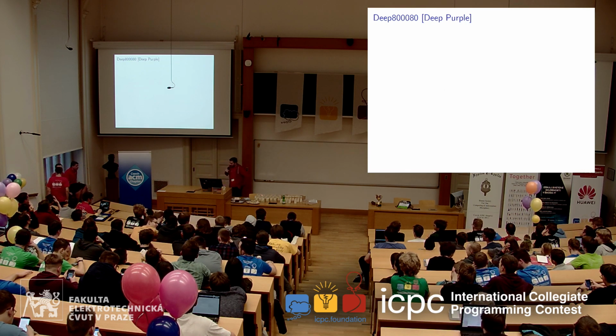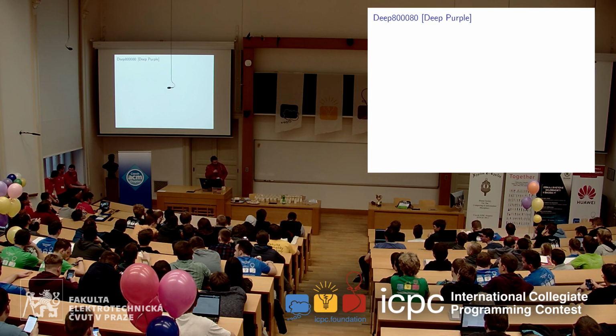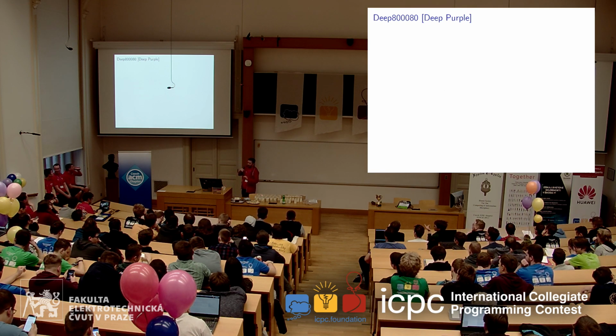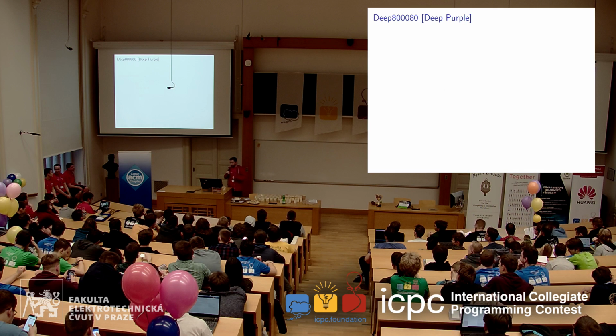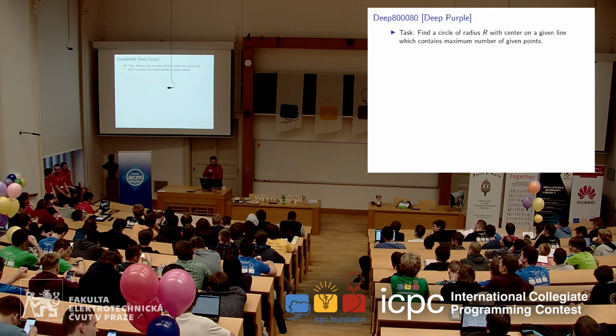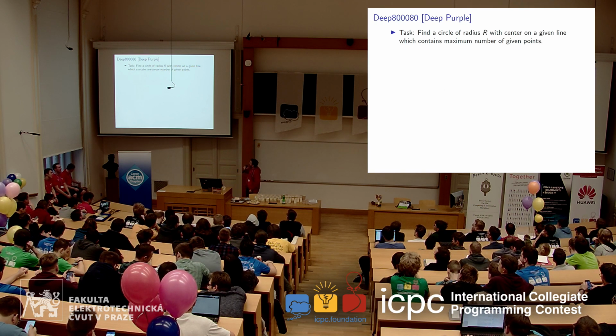So in Deep 8080, the task was to find a circle with given radius, with center on a line, which contains the maximum number of points which we were given.